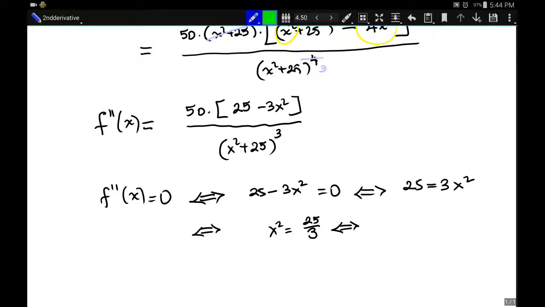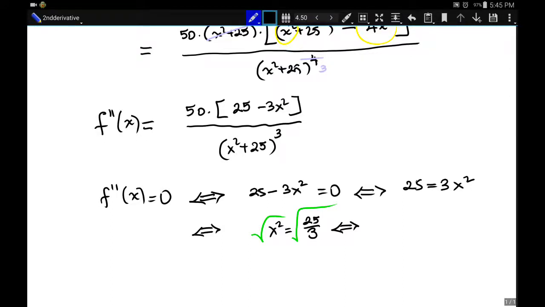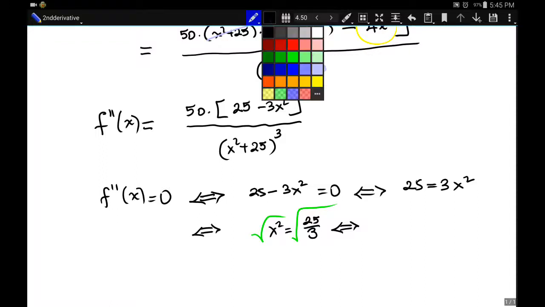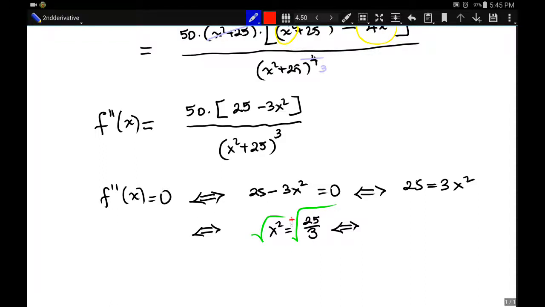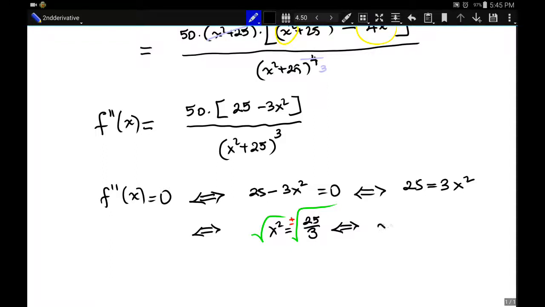If you apply the root on both sides, what do you get? We have a plus minus sign, right? So we have to put plus minus sign here. Okay, so x will be plus minus 5 over root 3. The root of 25 is 5, but the square root of 3 is going to be there, so let's keep it there.